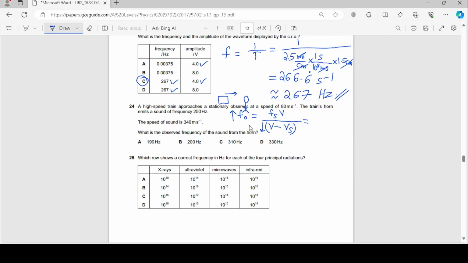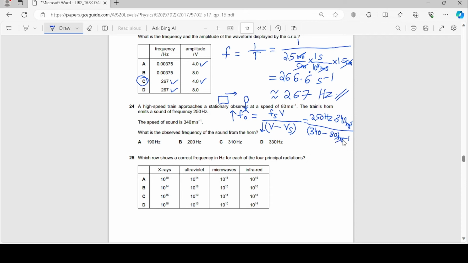The frequency of the source, which is the train, is 250 hertz, and then the speed of sound is 340 meters per second, which is the medium, divided by, again, the speed of sound, 340, minus the source's velocity, which is the train's velocity, so 80 meters per second.